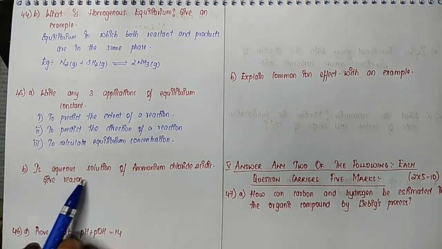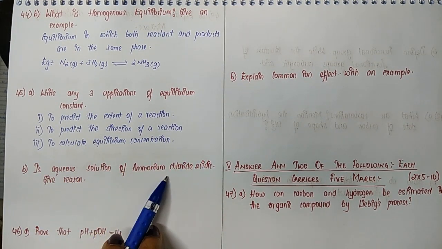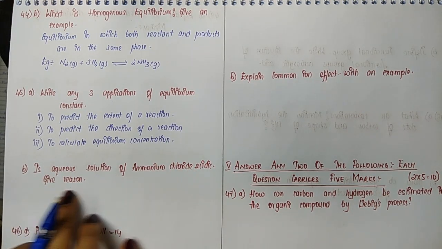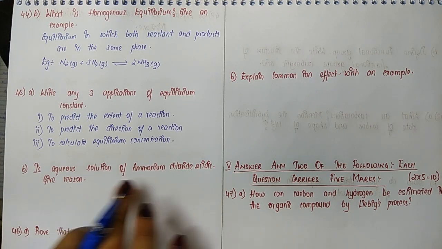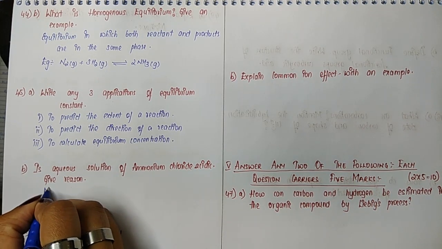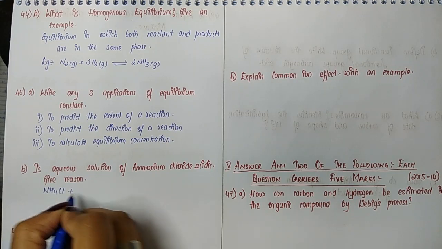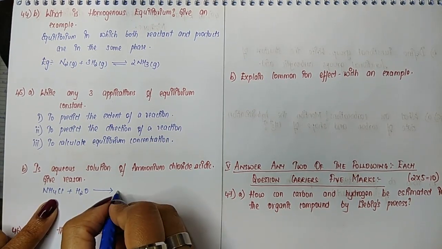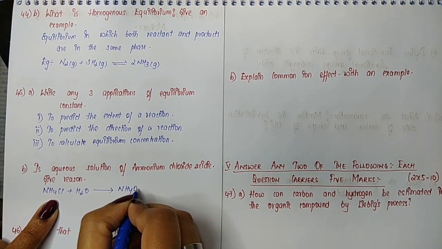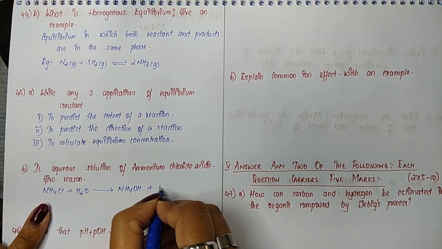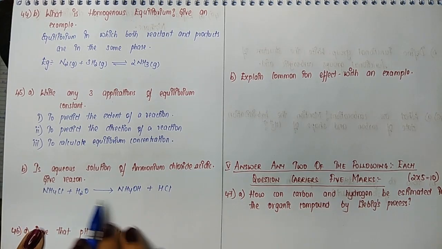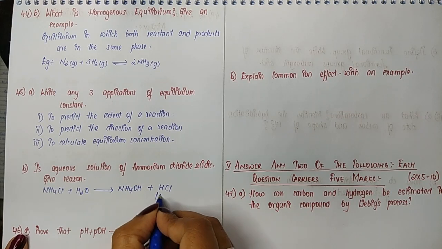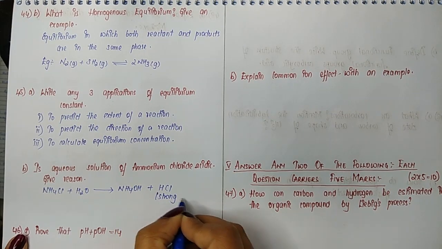Now the same question, B part: is aqueous solution of ammonium chloride acidic? Give reason. So the first thing for such kind of questions is to write down the equation. We have ammonium chloride. Aqueous solution is nothing but in water. Now when you dissolve this, you get ammonium hydroxide and HCl. Out of this, HCl is a strong acid.